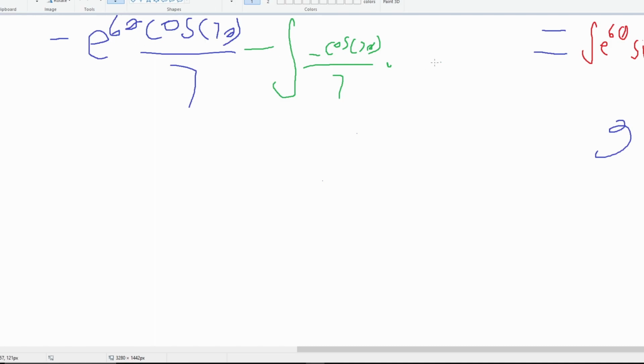Okay, times f prime of x. This is f of x, so derive it. E to the 6th theta, its derivative is equal to 6e to the 6th theta d theta. So this is why it's very difficult.